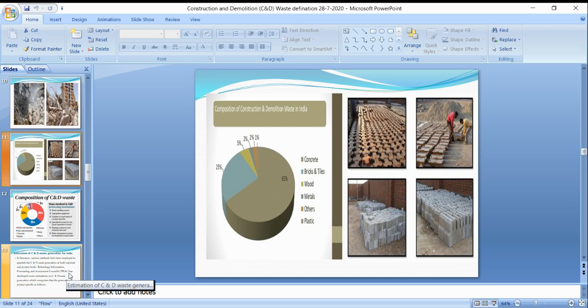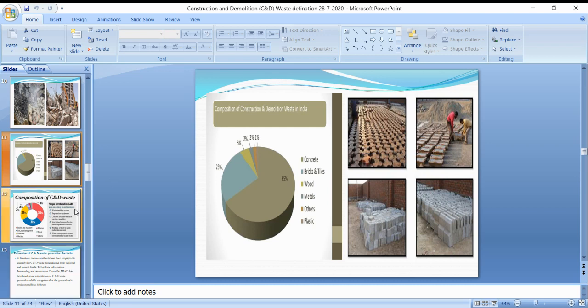So excavation of the road, and also constructing of the roads, we are generating waste. So that waste should be kept, to reduce it at the time of the construction.